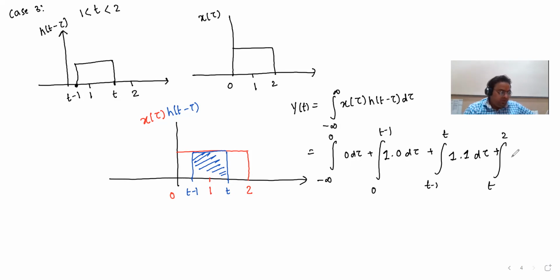So from t to 2, we will have x of tau having value 1, and h of t minus tau having value 0, d tau.